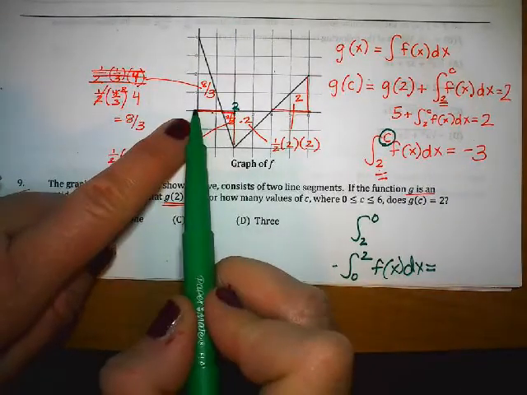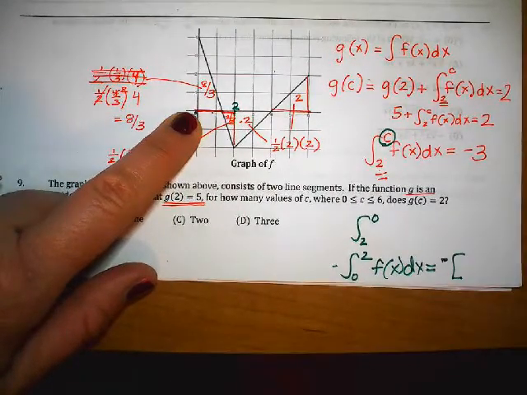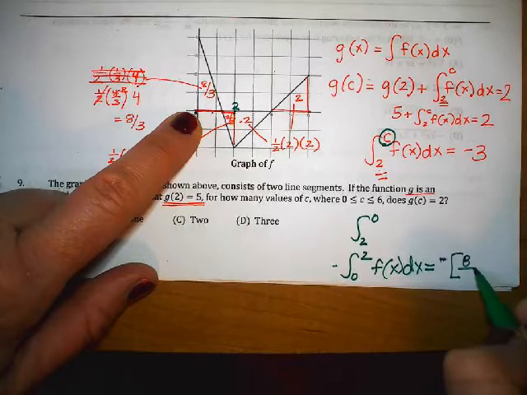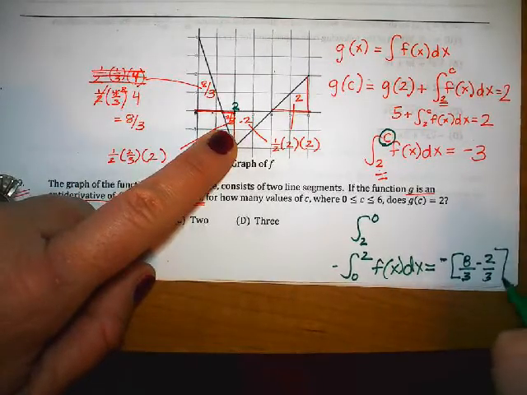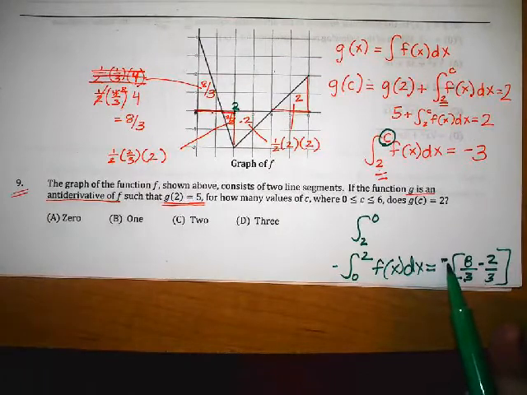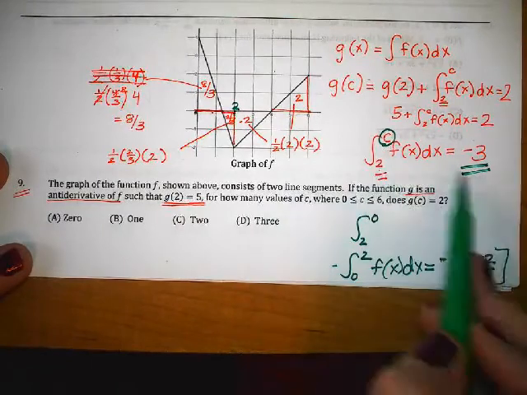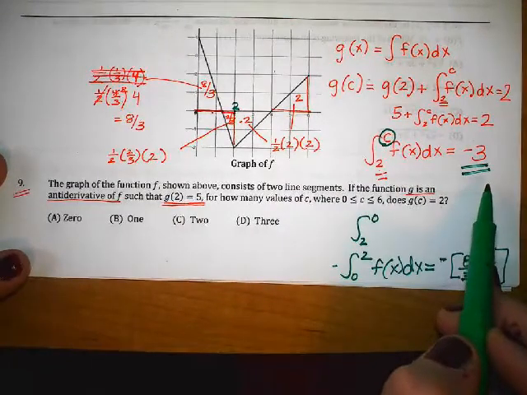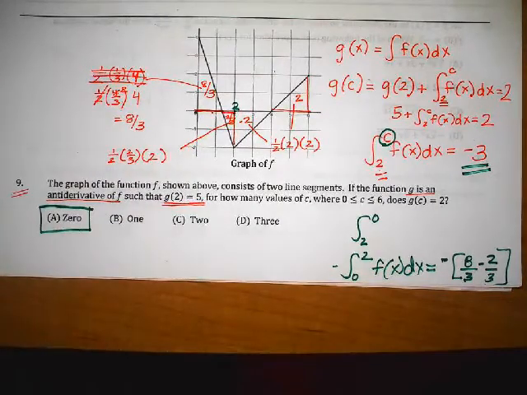If I integrated from 0 to 2, I have a negative out front, and my area up top is 8/3. My area on the bottom is -2/3. If I were to do this, I get 6/3, which is 2. Negative out front makes it -2. That's the smallest I can get. There's no way for me to have a c value and end up with an area of -3. Therefore, my answer is going to be 0.